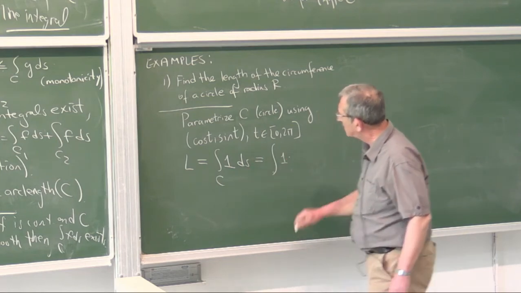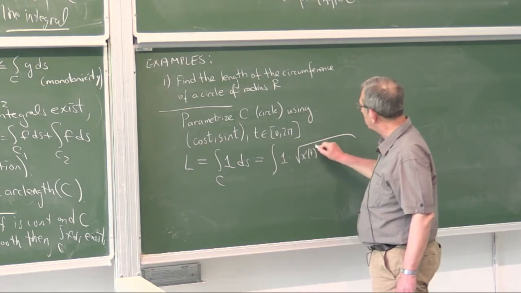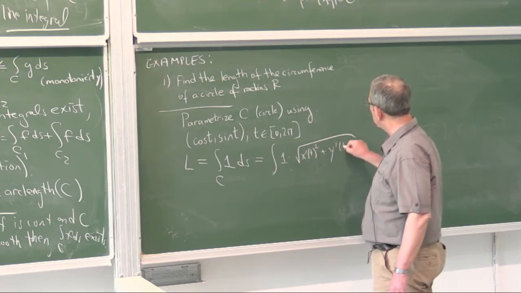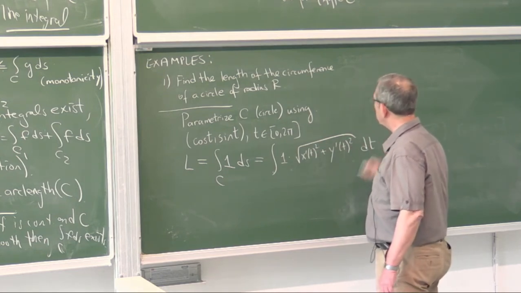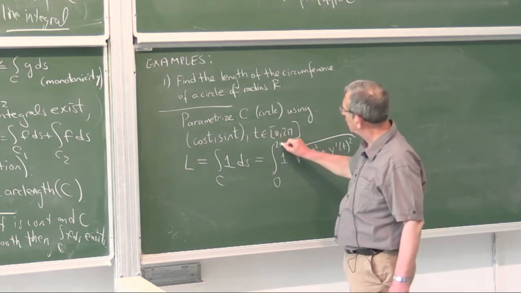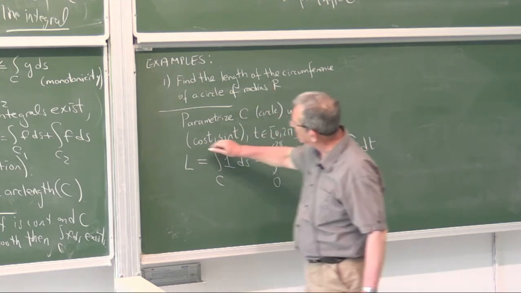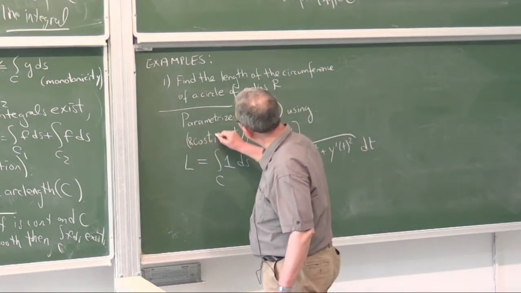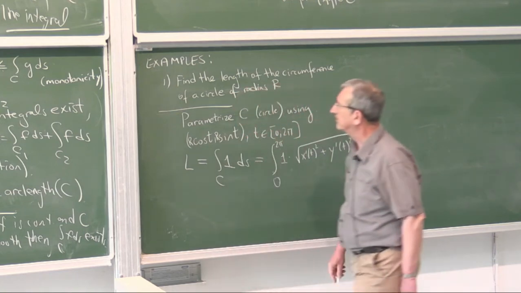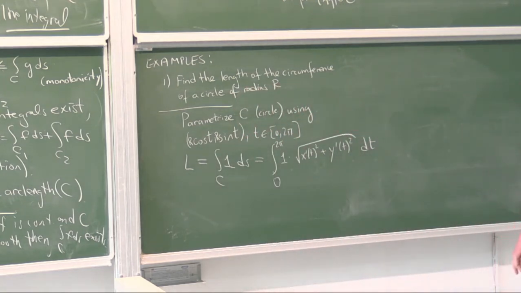Now ds was the square root of x prime(t) squared plus y prime(t) squared dt. And t, of course, changed from 0 to 2 pi. By the way, if it's a radius r in the parameterization, you need r's, of course, because the sum of the squares must be r squared.